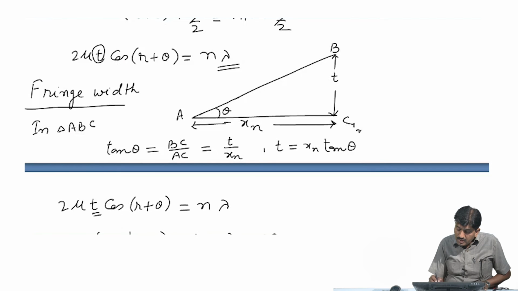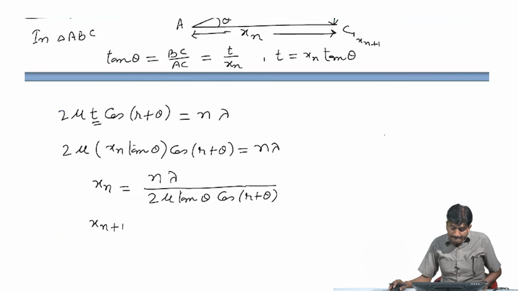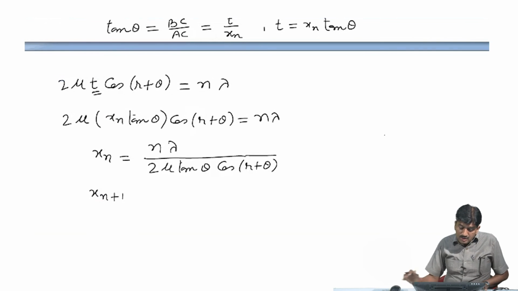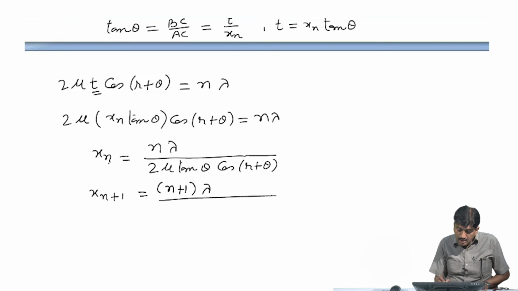This is the position of the (n plus 1)th fringe, and we can replace n by n plus 1, it becomes (n plus 1) lambda upon 2 mu tan theta cos(r plus theta).